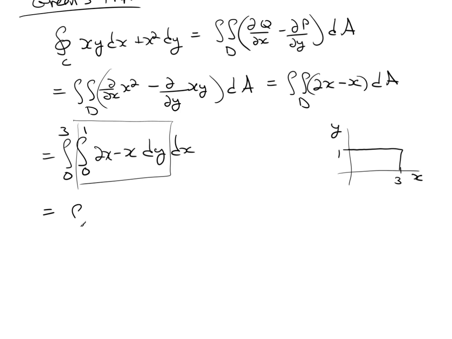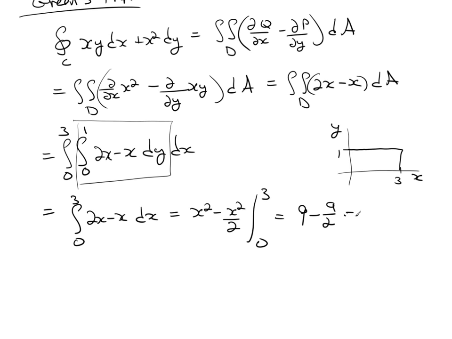So this is the same as the integral from 0 to 3 of 2x minus x dx, which is going to be x squared minus x squared over 2 evaluated from 0 to 3, which is 9 minus 9 halves, which is 9 halves, exactly like I was supposed to get.